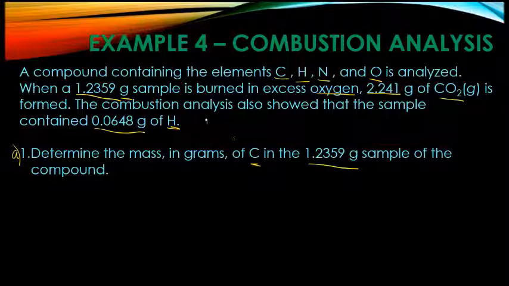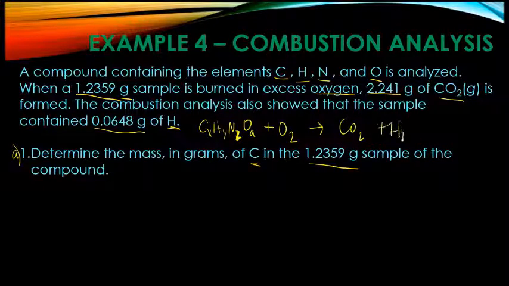Now, if we look at our reaction here, we have a carbon, hydrogen, nitrogen, that's supposed to be a Z, by the way, and an oxygen compound to begin with. We don't know what the subscripts are. That's what we're trying to find. It's reacted with oxygen. It's going to give us carbon dioxide and water, even though they didn't tell us about water, and some other nitrogen compound.